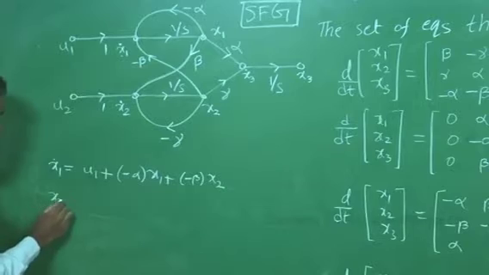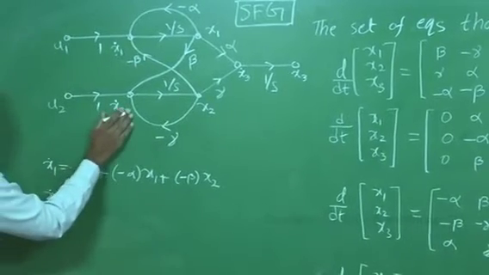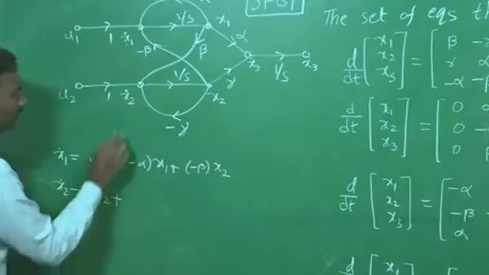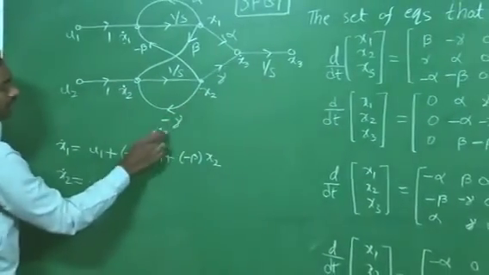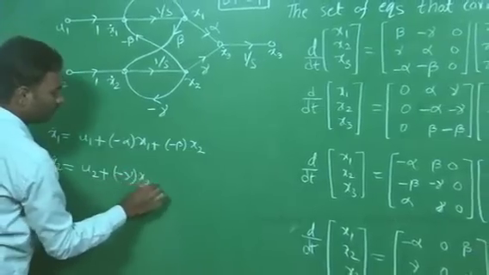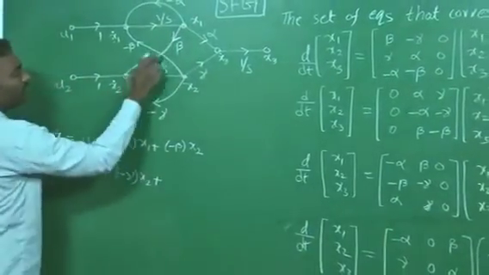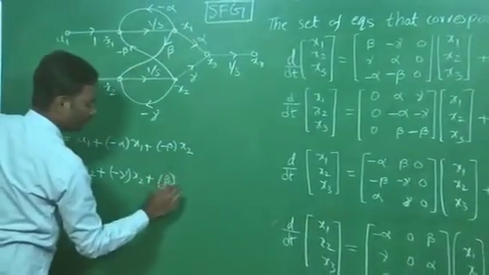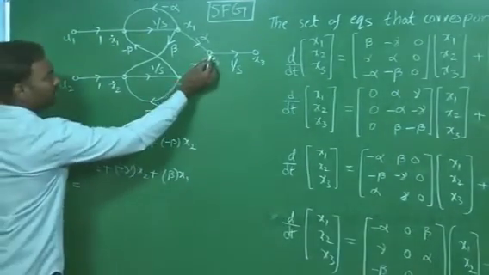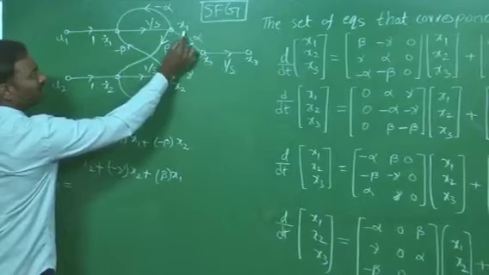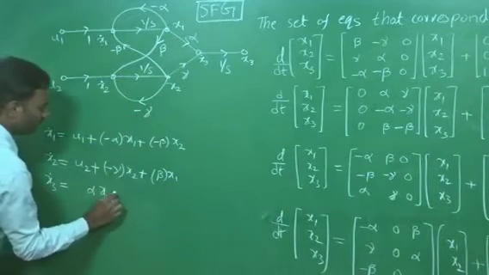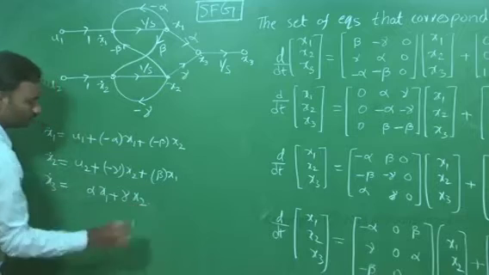Next, for x2 dot, the incoming branches are, one is from u2 and other is from x2 itself, that is minus gamma into x2, and the other is from x1 with gain beta. And the third one, x3 dot, has two incoming branches, one is from x1 and the other is from x2.